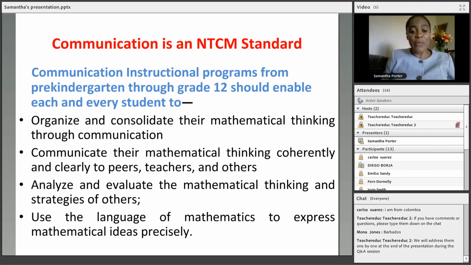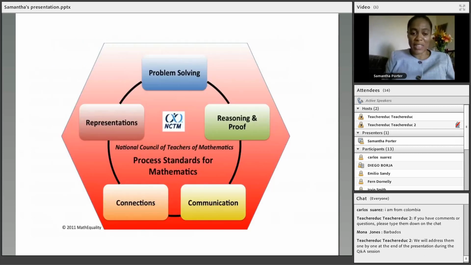Analyzing and evaluating the mathematical thinking and the strategies of others is also part of this standard. Using the language of mathematics to express mathematical ideas precisely is also another important part of this standard. So we see there are other standards including problem solving, reasoning and proof, connection, and representation. But today, our focus is mainly on communication.